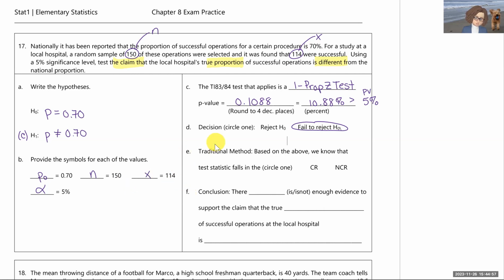So if we were to do the traditional method, we know if we're not rejecting the null, that means that our test statistic or our test value would not be in the critical region.